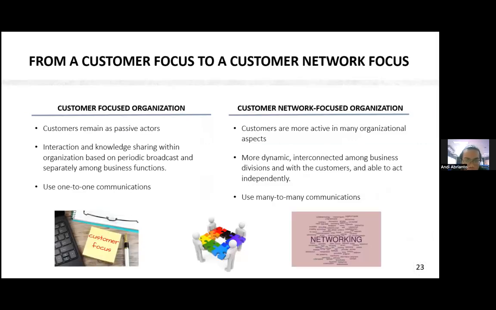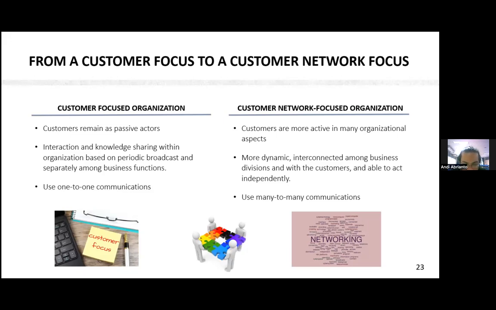Okay, from a customer focus to a customer network. The model of a customer-focused organization arose to suit the reality of customers in an earlier age. First, we will talk about the customer-focused organization. In this model, intelligence is only gathered from customers who remain passive actors.